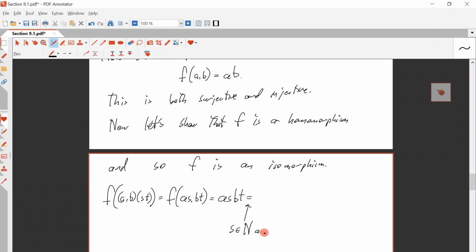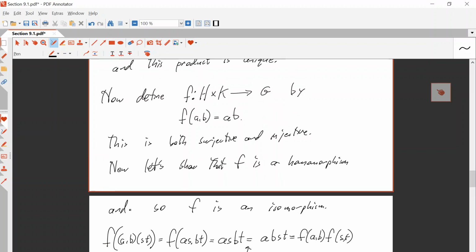S is in N, and B is in H. So SB is BS. Right? So this is equal to ABST. Right? Which is equal to F of AB, F of ST. And that's it. Right? So F is a homomorphism. That's injective and surjective. Therefore, F is an isomorphism.